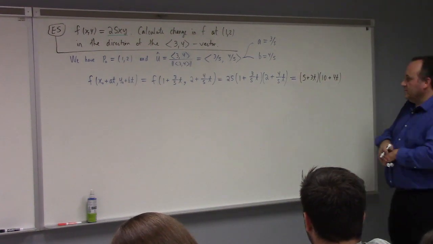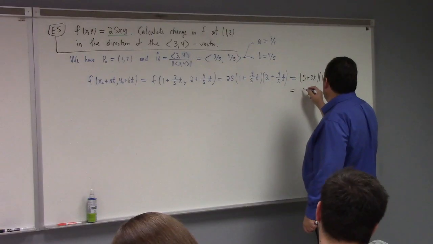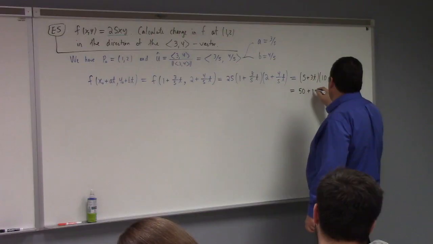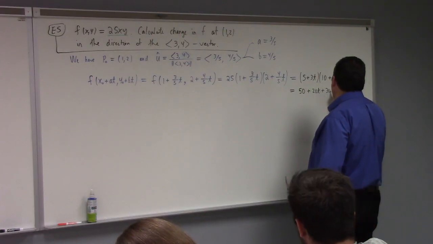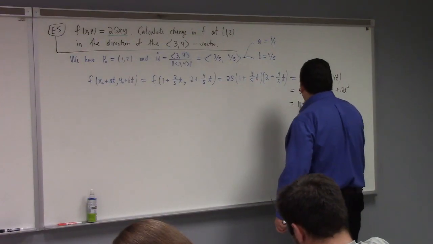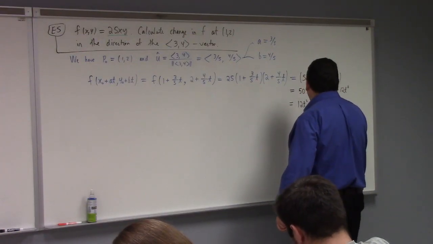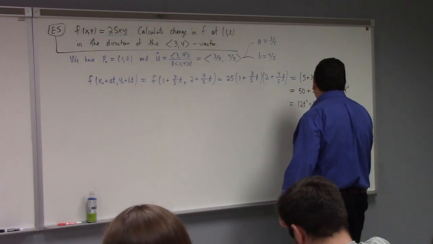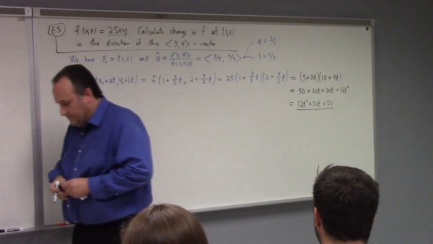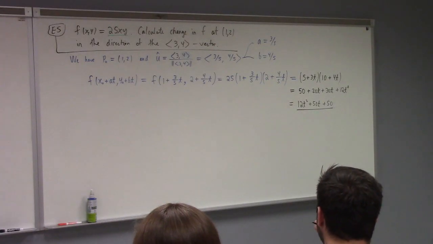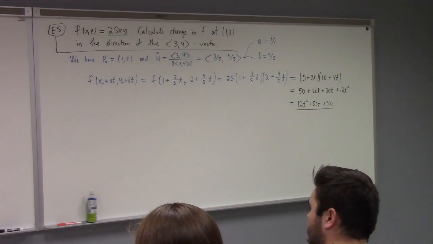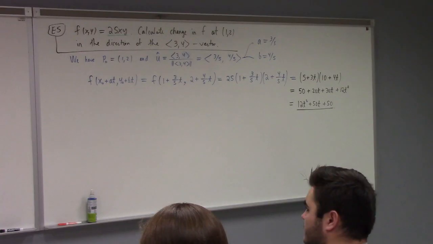Let's simplify the formula. We got 50 plus 20t plus 30t plus 12t squared. So I believe we're looking at 12t squared plus 50t plus 50. There you go. That is actually the values that this function takes close to this point in that direction if we use t basically as the coordinate in the a, b direction based at 1, 2. That's what this means. So what's the directional derivative?